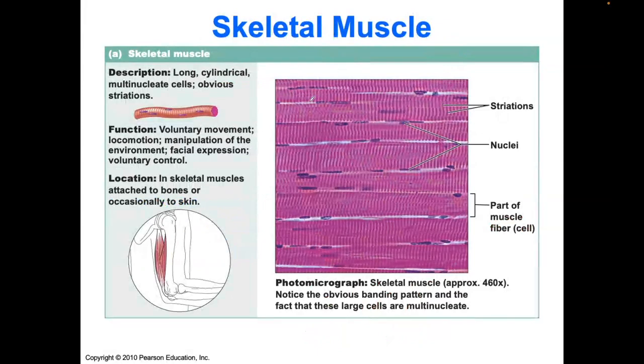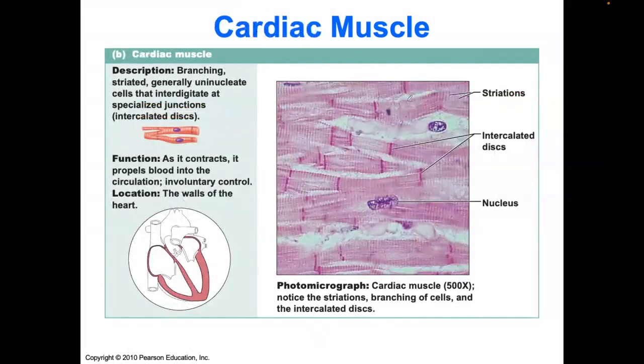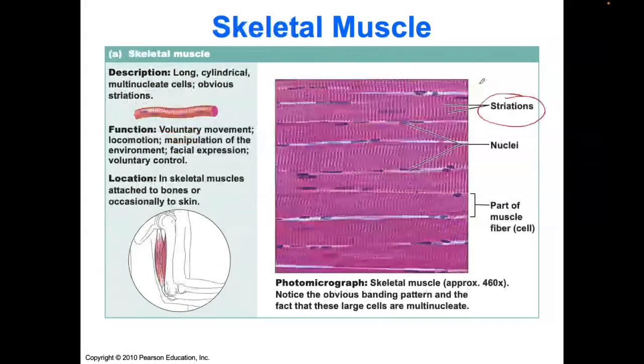So when we look at skeletal muscle, it is known as striated, but so is cardiac muscle. They're both known to be striated. The difference when we look at the description: these have obvious striations. They're multinucleated cells. They're cylindrical, but look how parallel everything is.